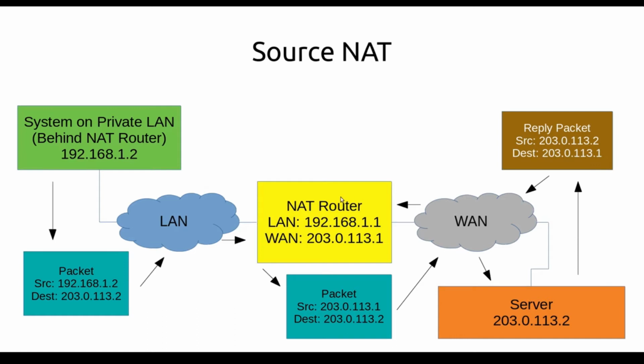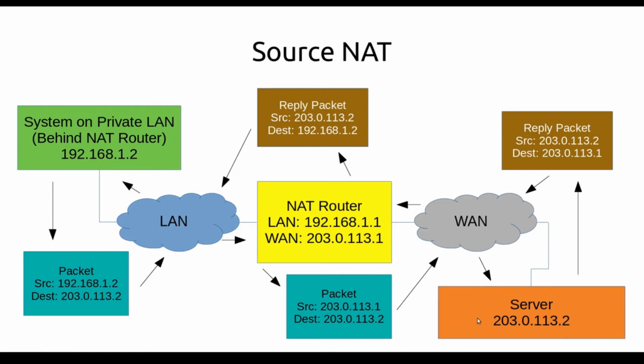Now, a big key in how this works is the NAT router remembers that it sent this packet from 192.168.1.2 over to this server, this 203.0.113.2.